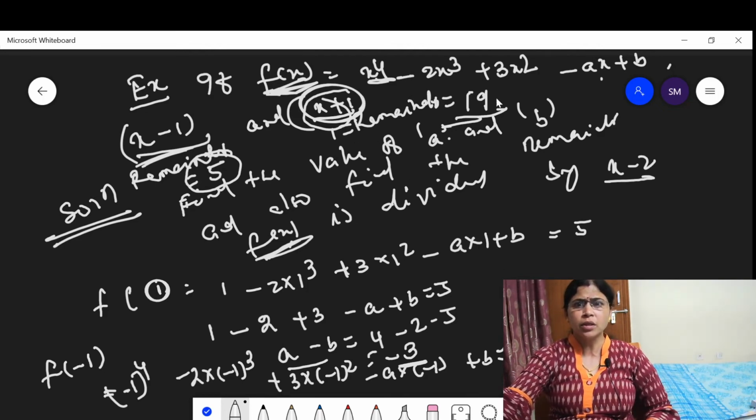According to the question, f(-1) is equal to 19.